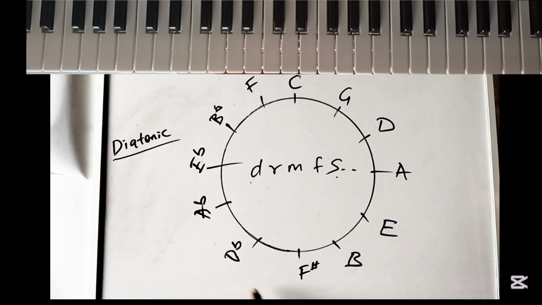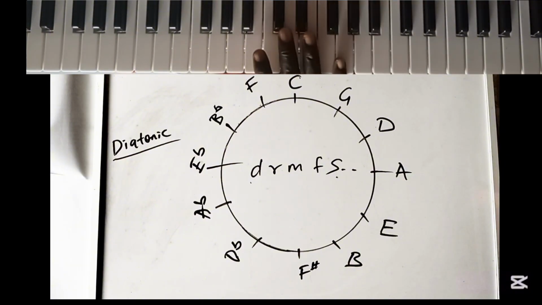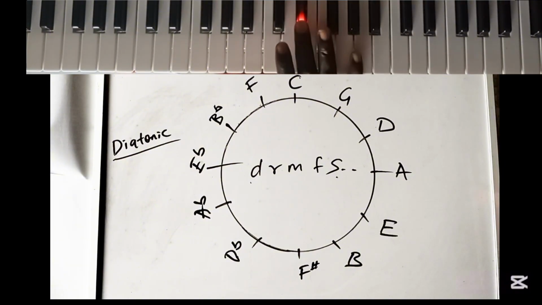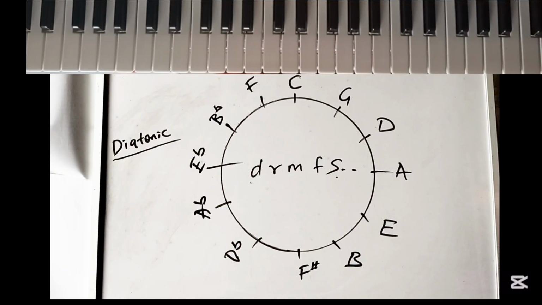So from E flat, which is this, if you count, you have what? G flat. So here is also called G flat.